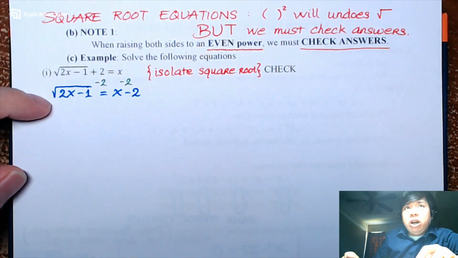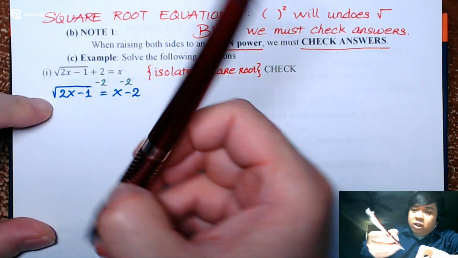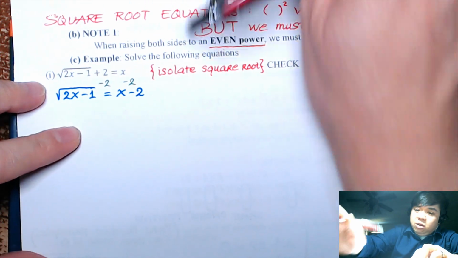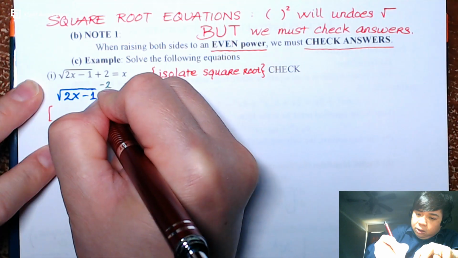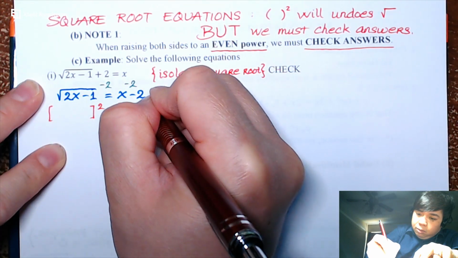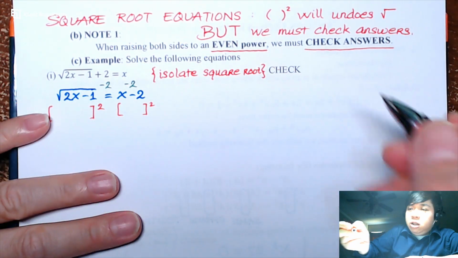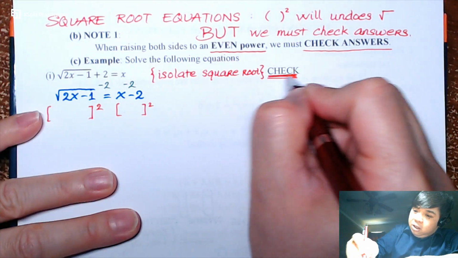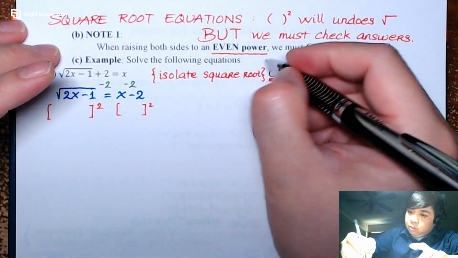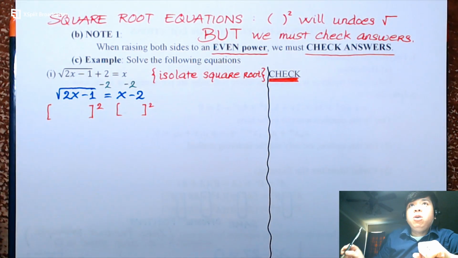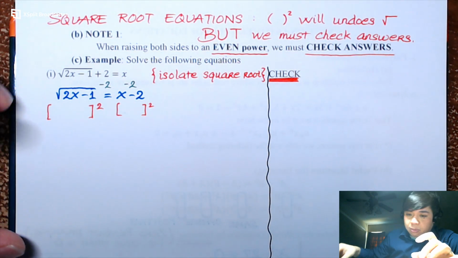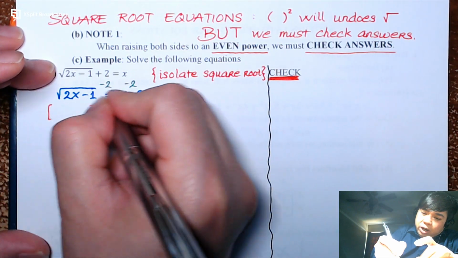And now to get rid of the square root, like we did with this equation, when we squared, we cancel. So we square both sides. But when we square both sides, we must check our answer.